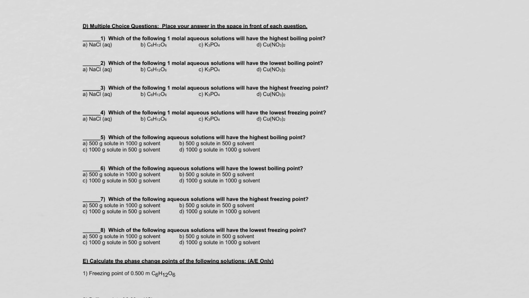On the second page of the problem set, the multiple choice is going to give you a chance to answer some conceptual problems about the new boiling points and the new freezing points.